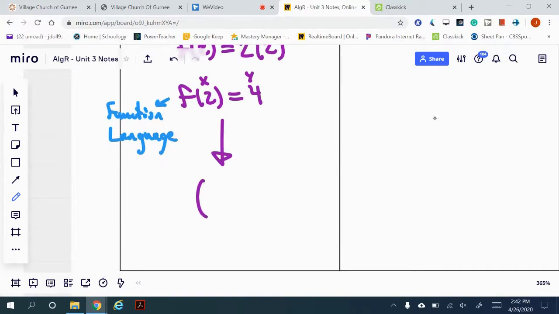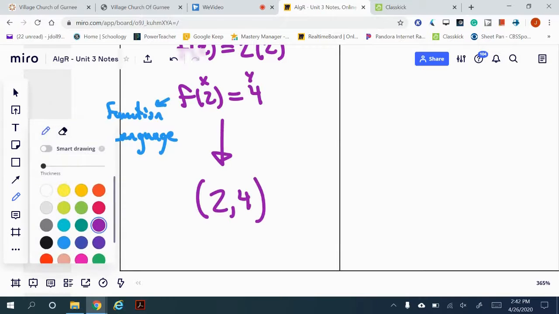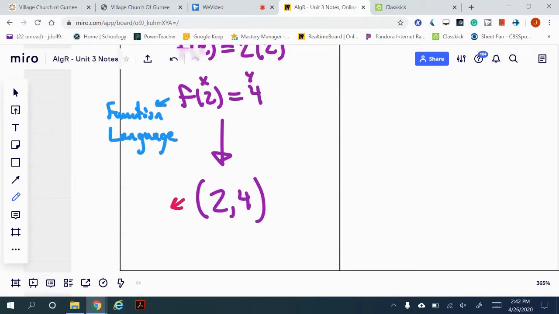So essentially what we're saying here, f of 2 equals 4, is communicating the same exact relationship here as an ordered pair, (2, 4), an x coordinate and a y coordinate, right? This is relation language, x and y. All right. So function language, f of 2, which is x, equals 4, which is y. Relation language, (2, 4), x and y. They are saying the same exact thing. One is written in function language. One is written in what we'll call relation language.